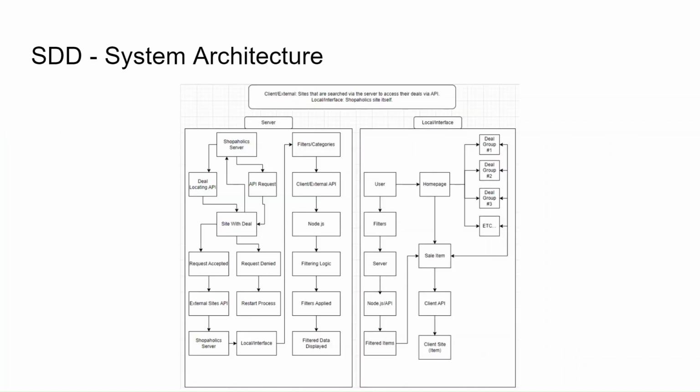Next, we can see our system architecture diagram. Here we see how the server and local interface each interact with every aspect of a site in general. Here we have the Shopaholic server, for example, contacting both the API that finds local deals on sites and the API request for these deals, which then get sent to the site with the deals, and then they can either accept or deny.